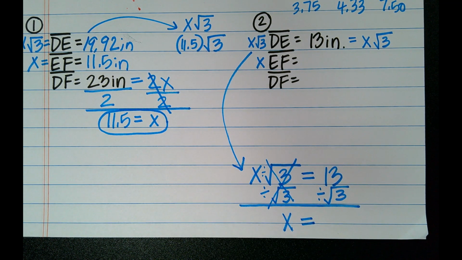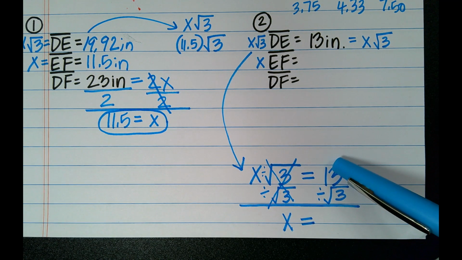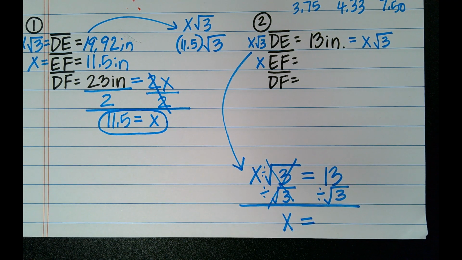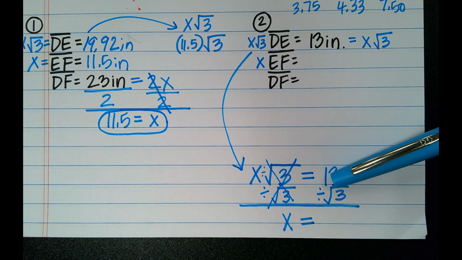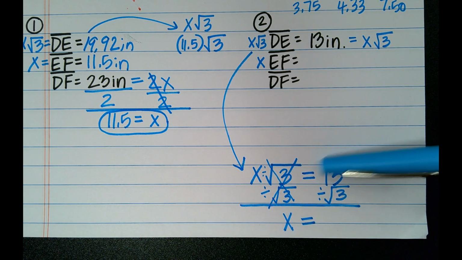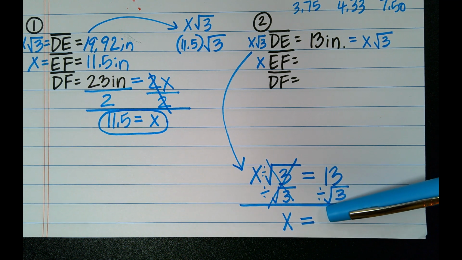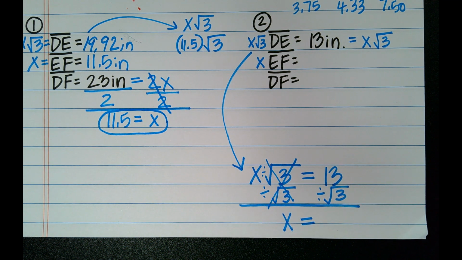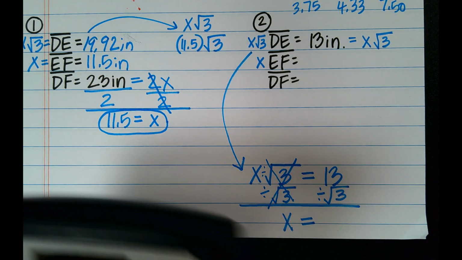Equals. And so now we need to type in our calculators. Here's where I see a lot of mistakes. I see people just type 13 radical 3. That's not what this says. It says 13 divided by radical 3. So let's all type that in and see what number we get.